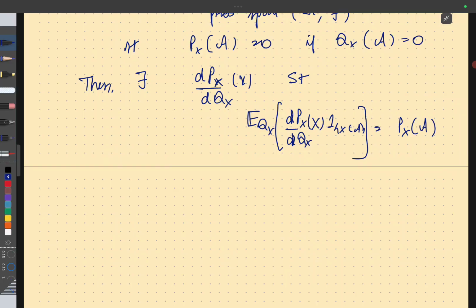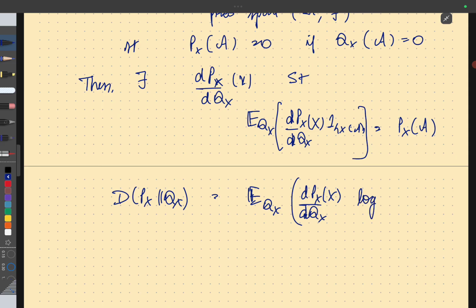So you can define the KL divergence between two arbitrary distributions as the expectation with respect to the distribution Qx of the log of the Radon-Nikodym derivative. Again, this is not particularly important.